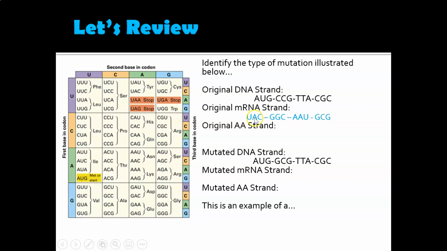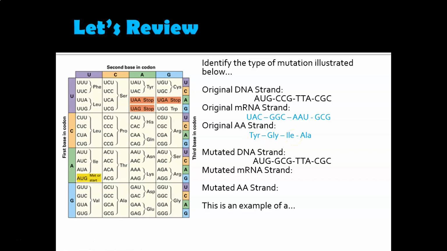So U, and my second base in this case is an A. So now I know I'm somewhere in this box right here. And there's my C, so my first amino acid is that tyrosine. GGC, so down here, I've got a G, a second G tells me I'm in this box, GGC, here's that GLY or glycine. So my original amino acid sequence looks like this.